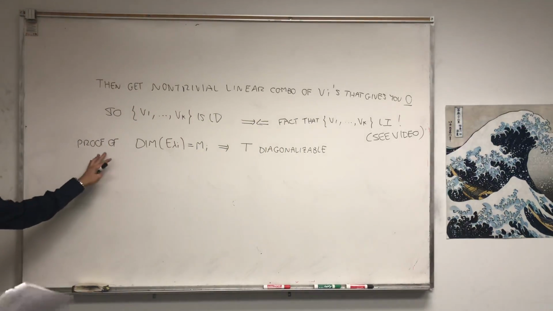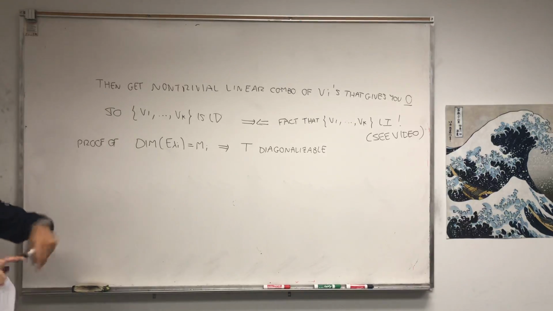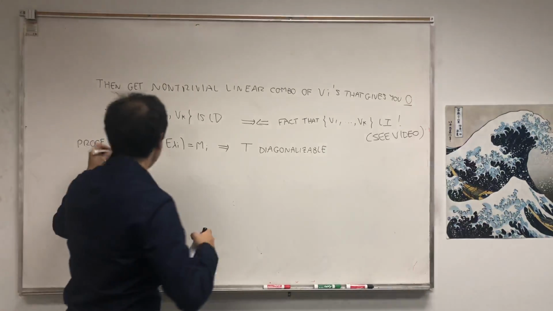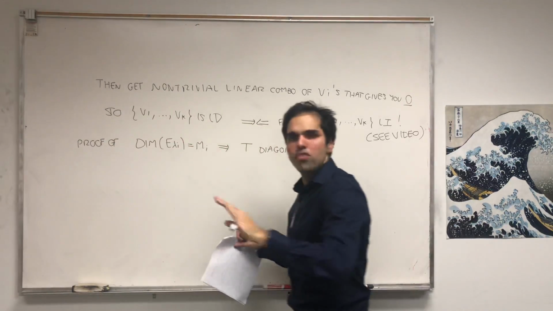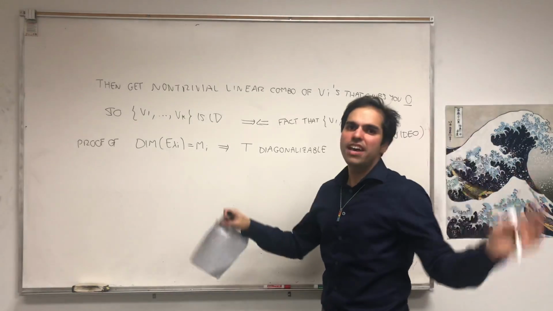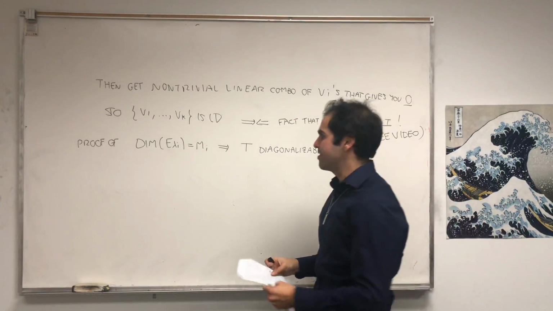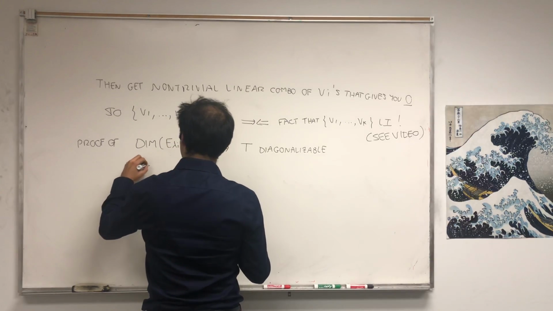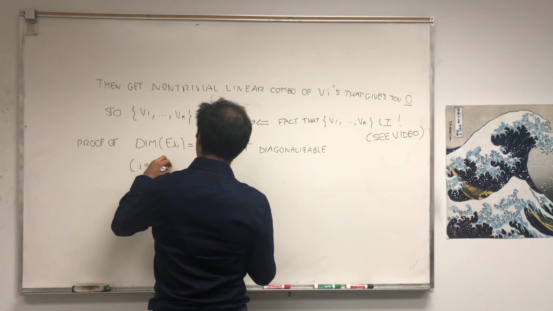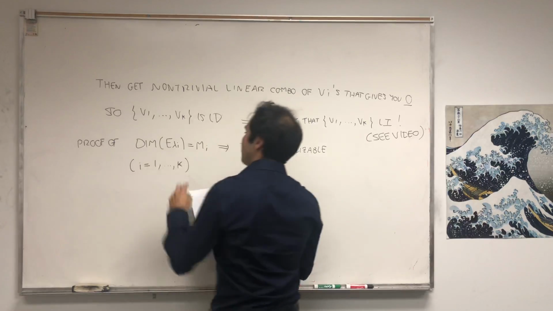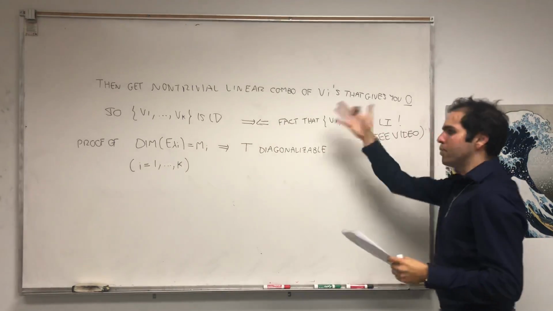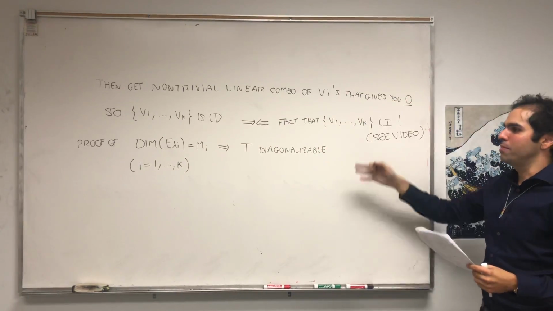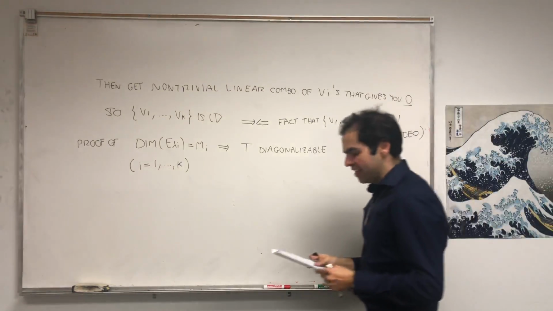By the way, assume there are only two eigenvalues here, because otherwise the proof is exactly the same, it's just that notation-wise it gets very messy. So if for eigenvalues lambda 1 up to lambda k the dimension of the eigenspace equals the multiplicity, then T is diagonalizable.